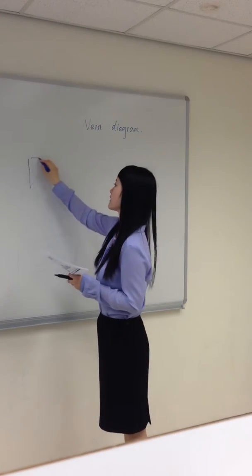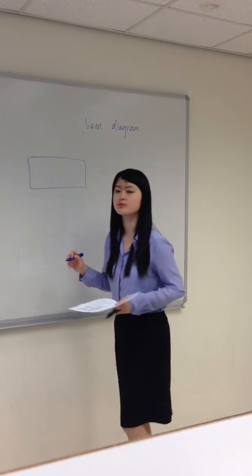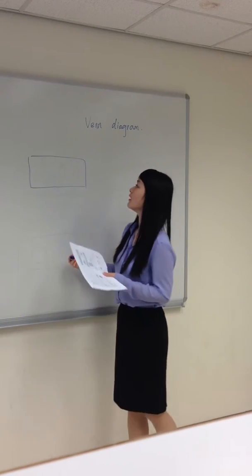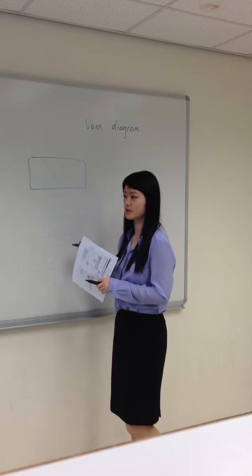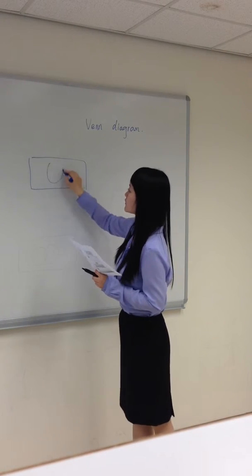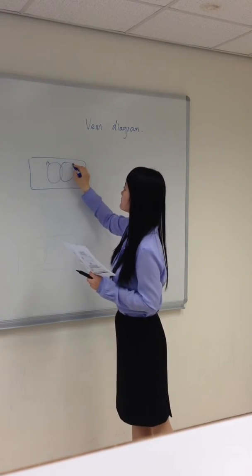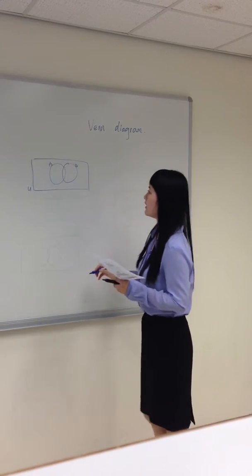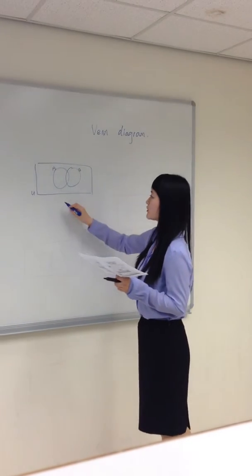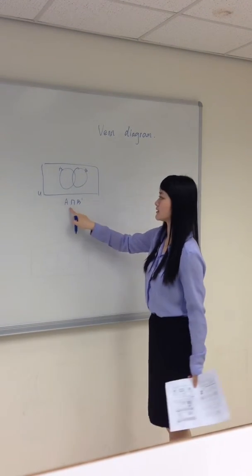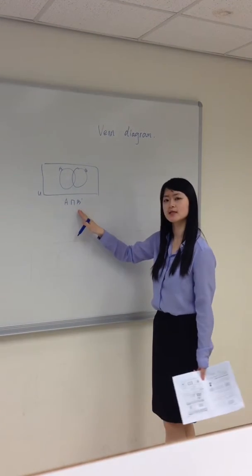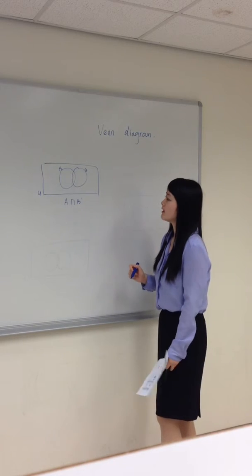Let's do another question to practice the Venn diagram with intersection set and the universal set. Now we have 2 circles here, and I want to shade the region that represents the intersection set of set A and B complement.